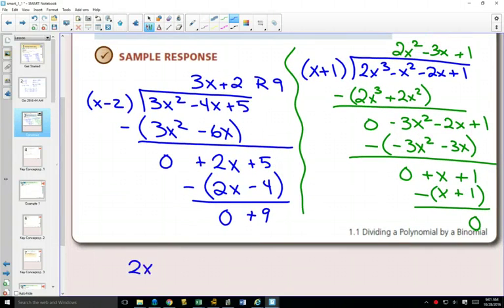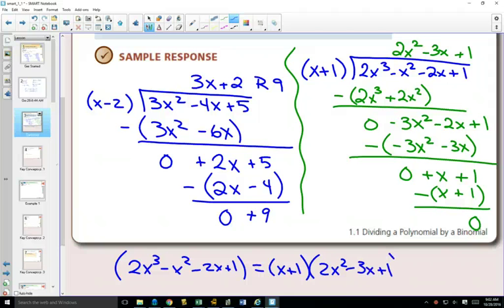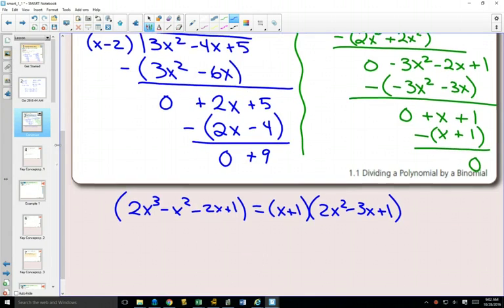It means that 2x cubed minus x squared minus 2x plus 1 is equal to x plus 1 times 2x squared minus 3x plus 1. We started to factor it. In fact, we could factor it even more. Because this is a quadratic, and you already know how to factor that.